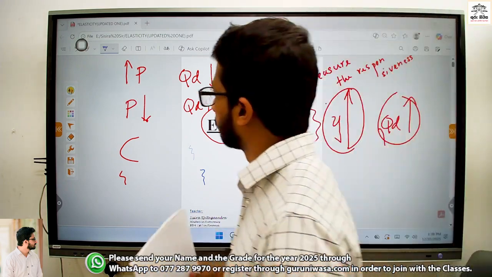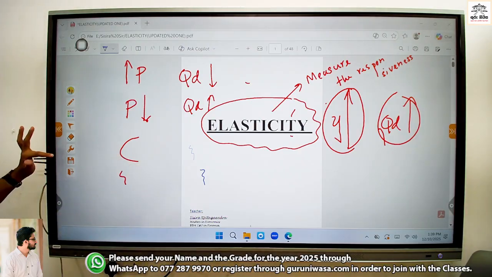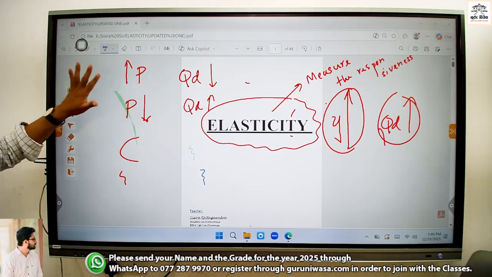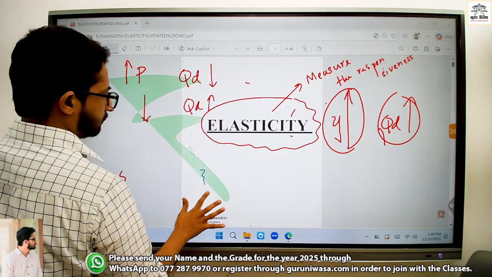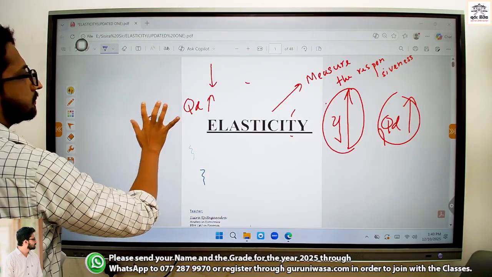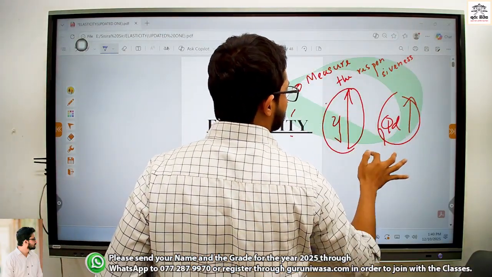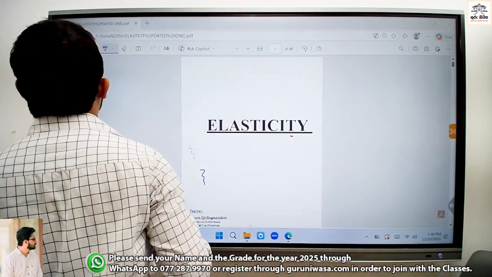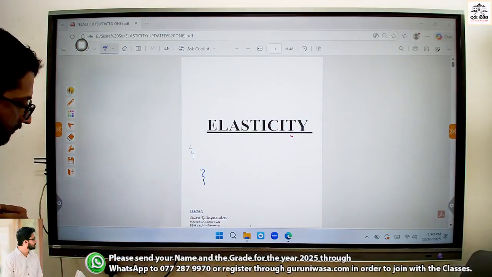Elasticity. How to remove this one, Lamai? How to go to next page?